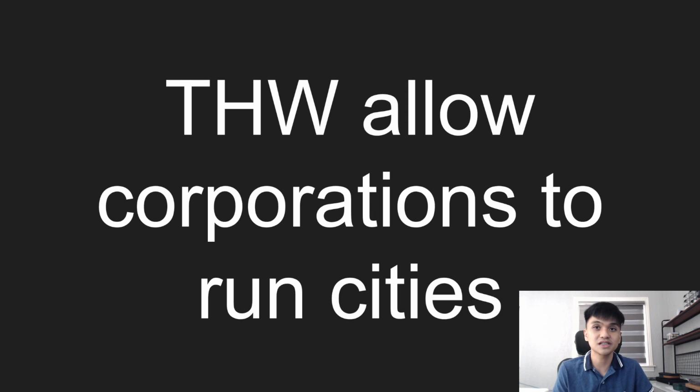Let's say the motion is that this house would allow corporations to run cities. And you are running the argument that corporations are going to be very, very efficient compared to political institutions in running those cities. So you want to give the reasons as to why governments are structurally less efficient than corporations.